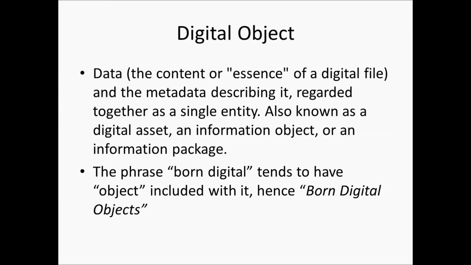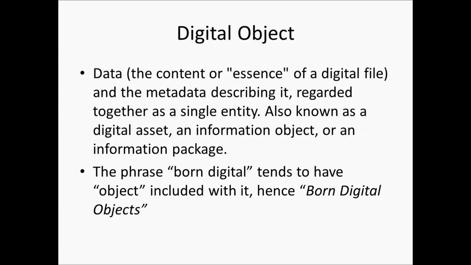Digital object is something we need to talk about. It's kind of a newer term, not as new now, but when I started my library degree, digital object wasn't really being used too much when I was doing my information studies program, but it's now used quite a bit.